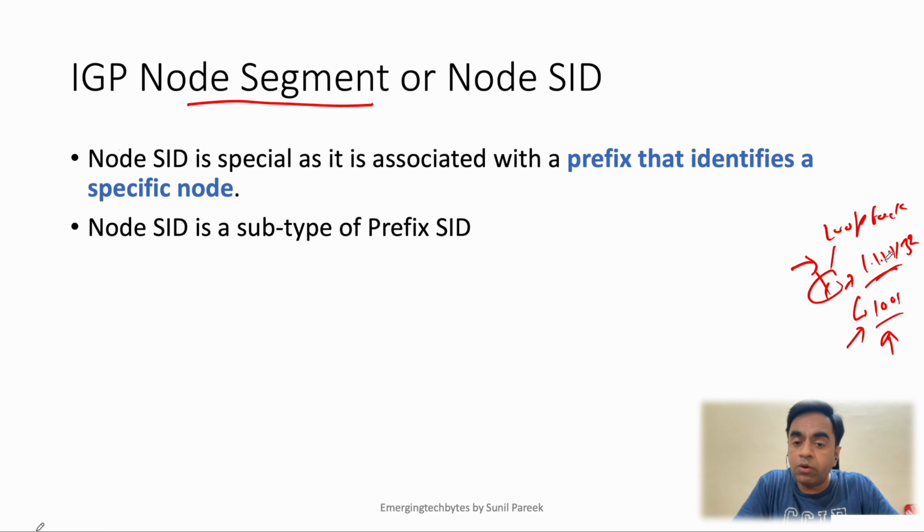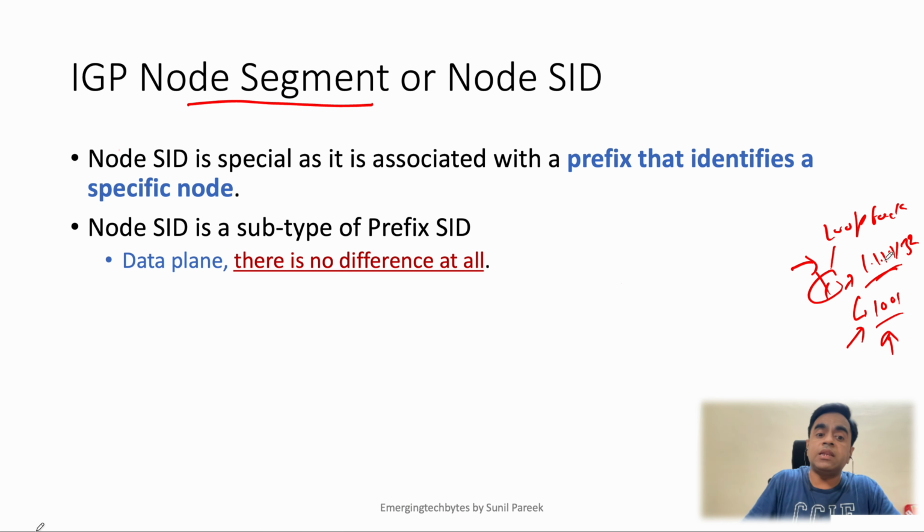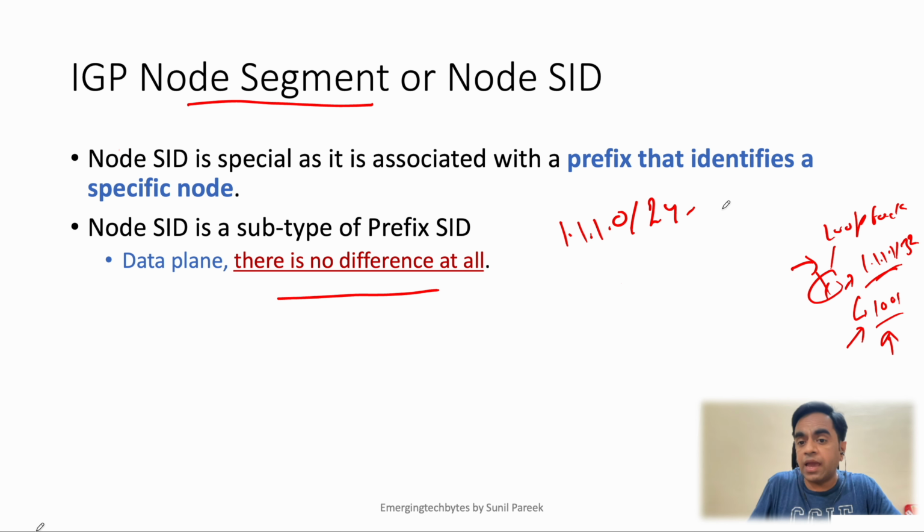If I look from the data plane perspective, basically there is no difference at all. Your prefix SID, let's say, can have a label, and your node SID can also have a label, but make sure they are unique. That's the first principle.